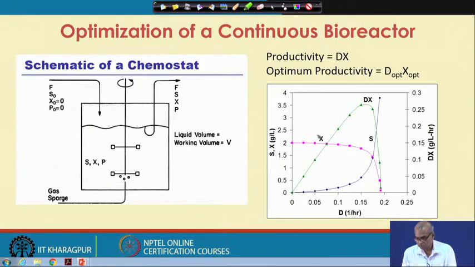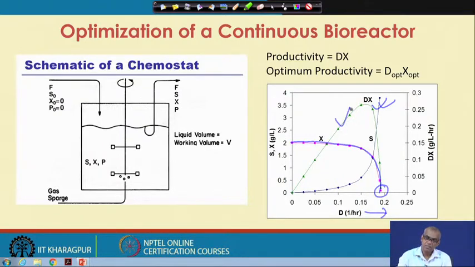This is for cell mass. Note that as the dilution rate increases, you reach the maximum dilution rate and the cell mass becomes 0. In that case, the substrate concentration becomes very high. In fact, the substrate concentration will be the same as the concentration in the feed stream.